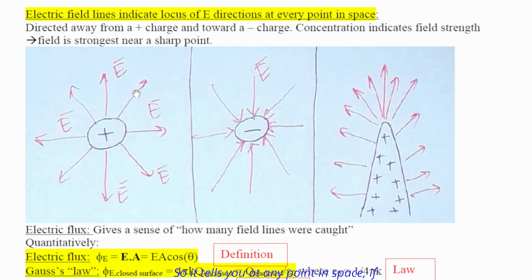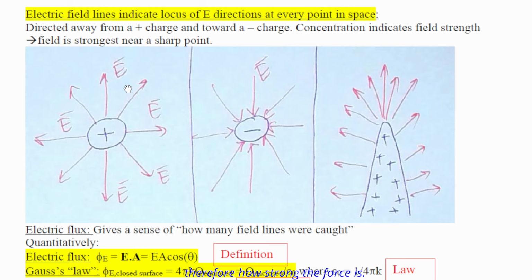So it tells you at any point in space, if you put a charge there, what will be the direction of the force. Notice over here that the lines are more concentrated closer to the charge. They are farther apart as you go farther away. So this dilution of the electric field lines is an indication of how strong the electric field, and therefore how strong the force, is.